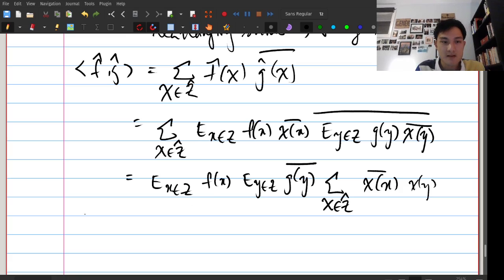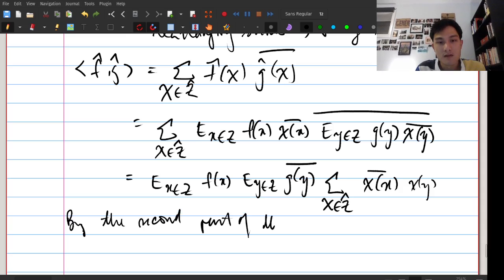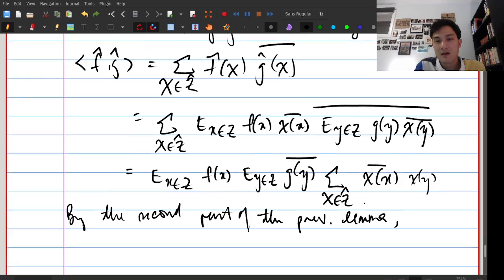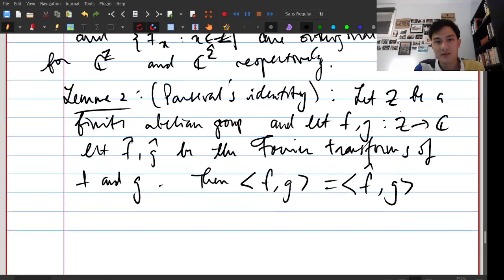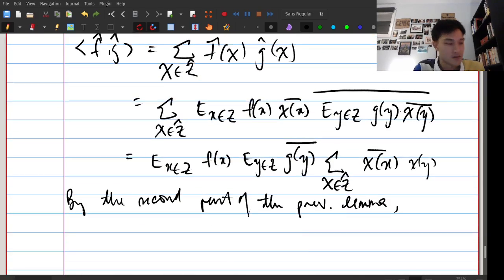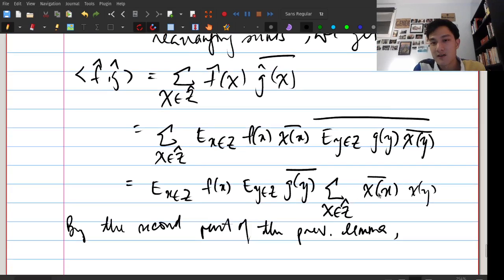Okay, so by the second part of the previous lemma, this part in here looks like what we showed above. It's 0 whenever x and y are different, and it is equal to the size of Z hat when x equals y.